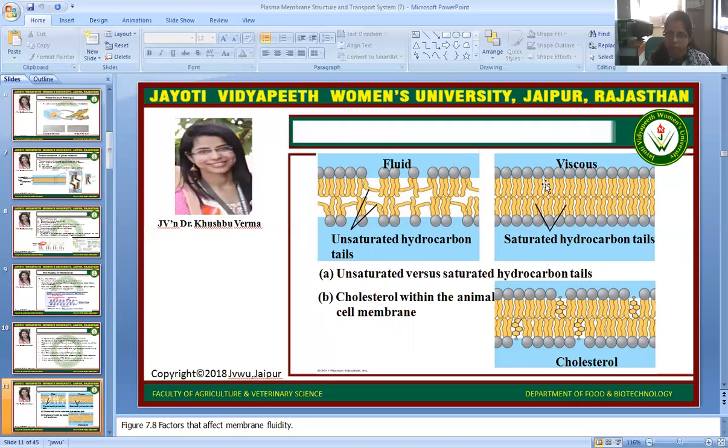If phospholipid tails have no double bond or triple bond, meaning they are more saturated, then phospholipid molecules will interact with each other more, and there will be no such gap. So there will be less fluidity. And if we talk about cholesterol, as I told you in the previous slide, it has a dual nature, depending on the temperature and depending on the need.